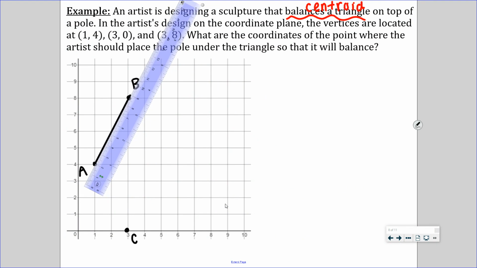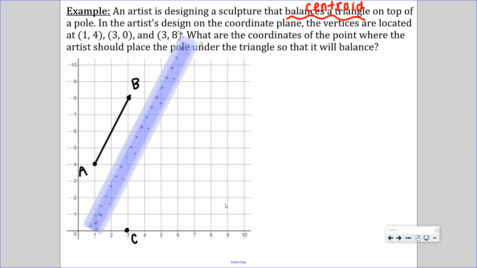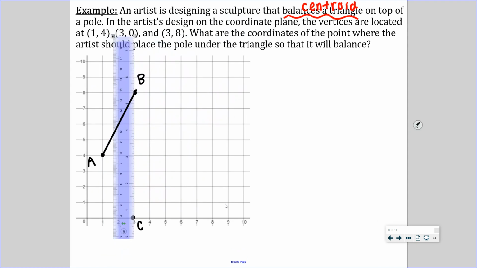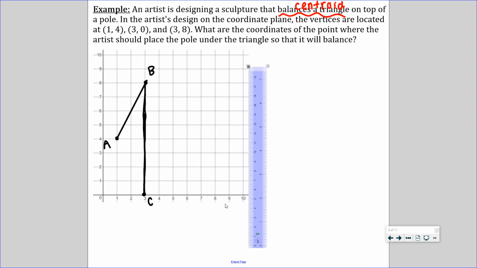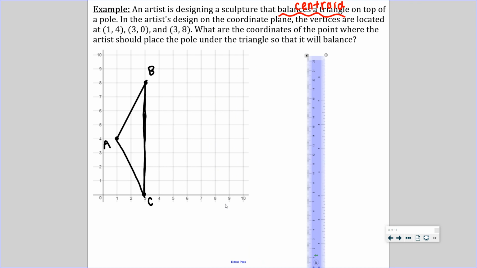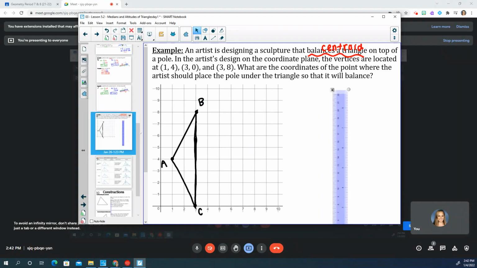A to B. B to C would be a nice straight vertical line. Ooh, that edge didn't work for my straight edge. Okay. A to C. You guys know how to use a straight edge, hopefully. Let's get this ruler out of here. We'll use it on the constructions.